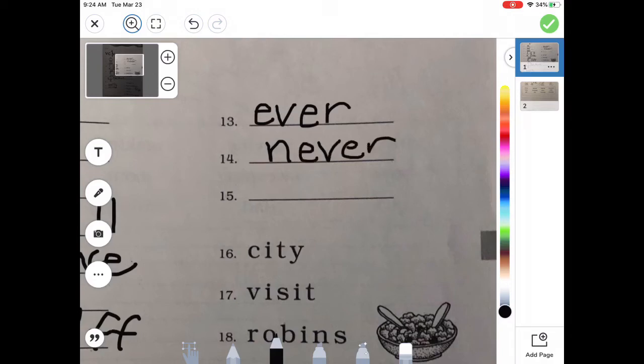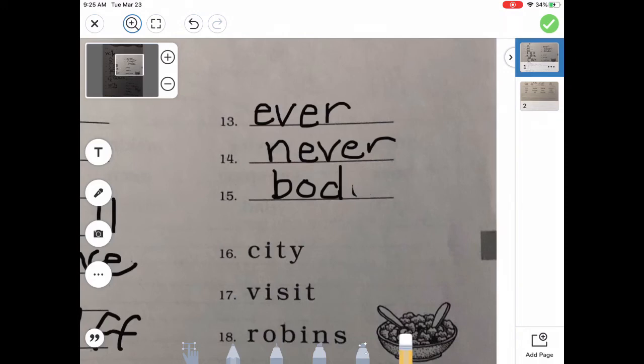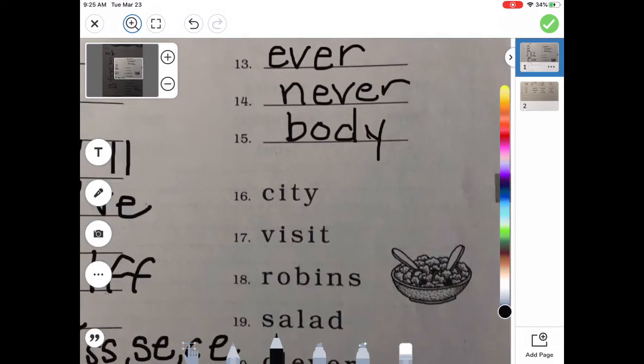How about "body"? Body, I have B, O, and then D, and then the E sound at the end. If I'm making that E sound at the end, it can't be an E because this would say "bode." It is a Y. So remember that Y sometimes makes that E sound.